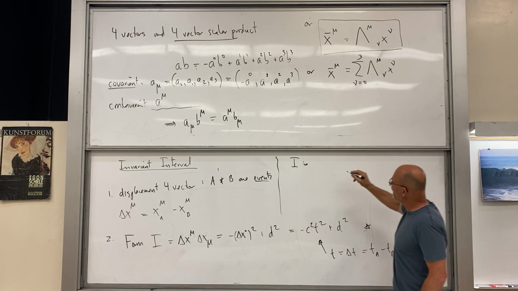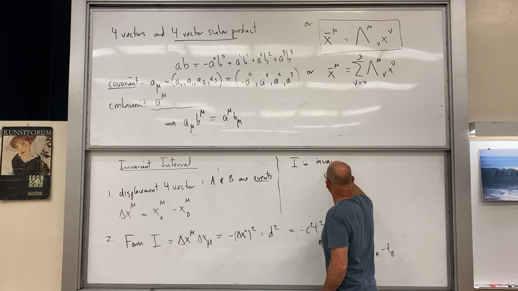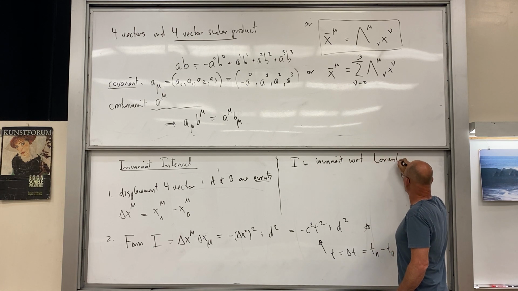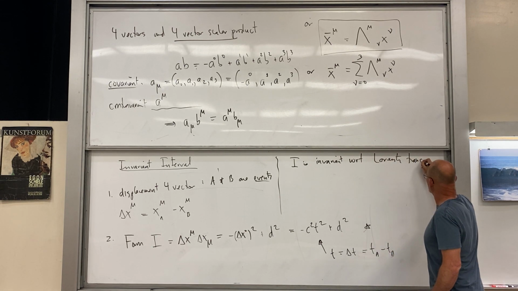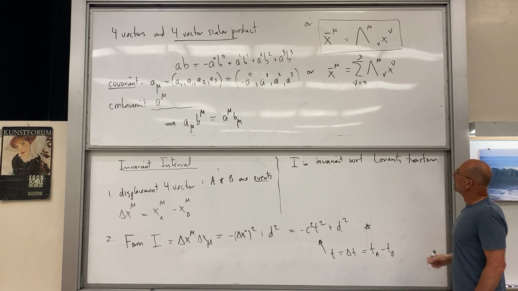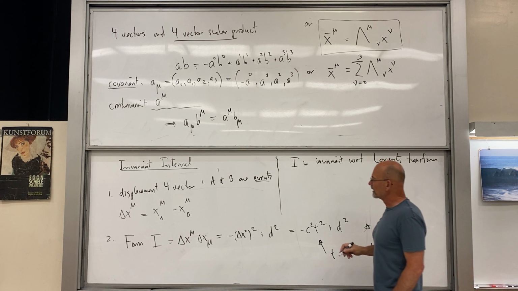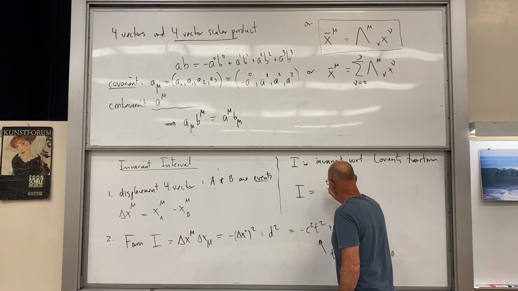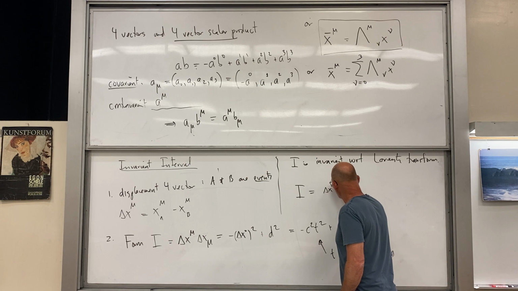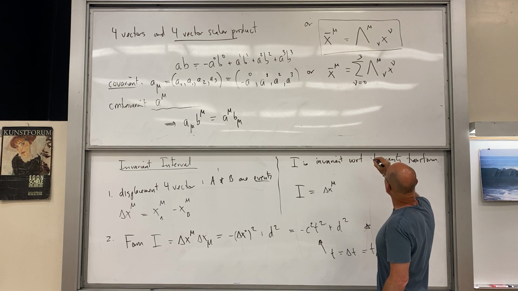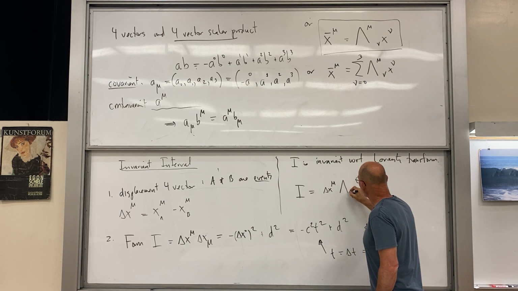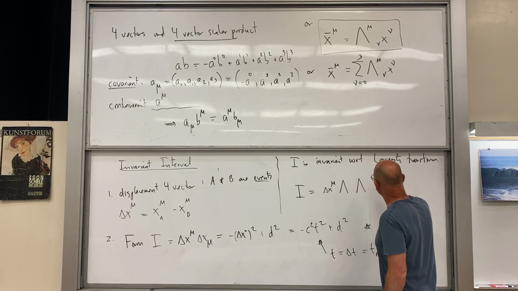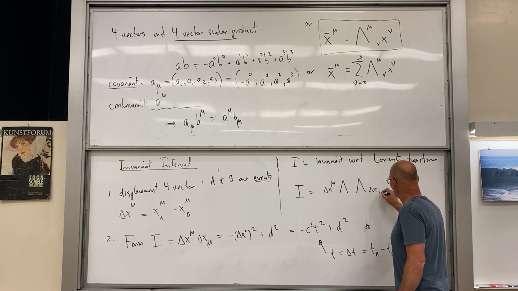I still have the matrix up there, because we could write this interval as delta x mu, and then we would have a lambda and its inverse and a delta x mu like that.